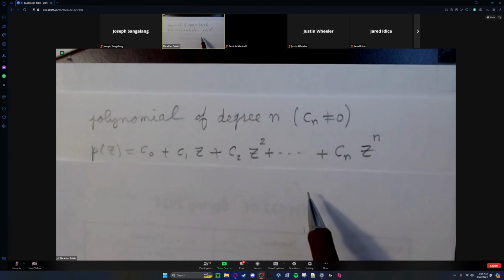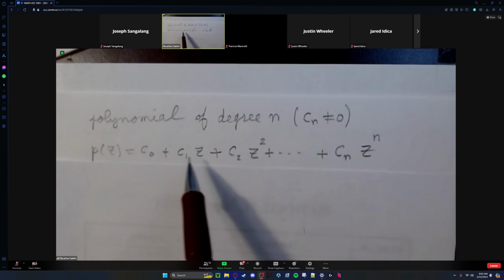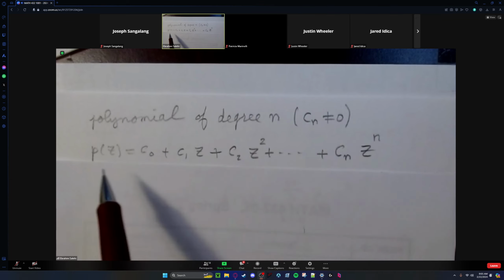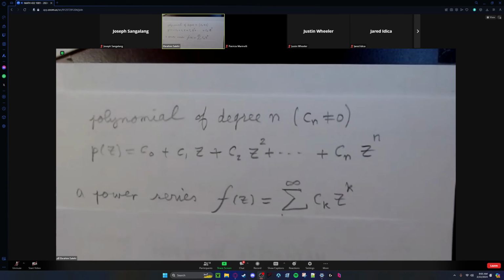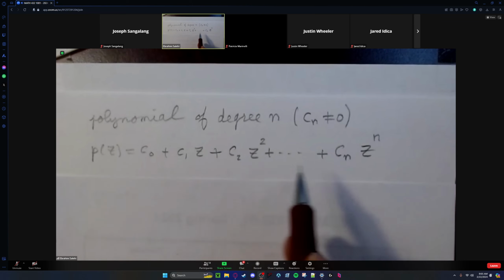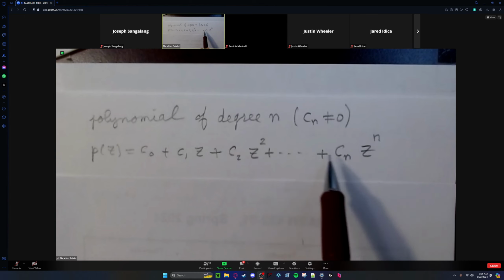C_n is a coefficient. These are called coefficients, C_0, C_1. Here's a polynomial of degree n. When we are dealing with a polynomial, differentiation is easy. Taking derivative is easy. How do we take derivative? Just we take derivative term by term, right? We integrate term by term.